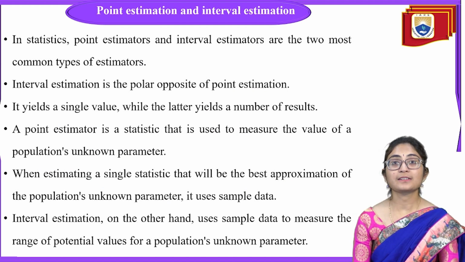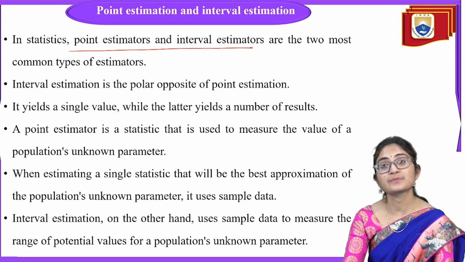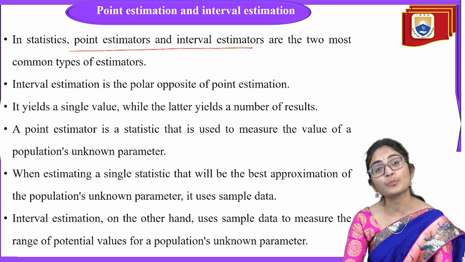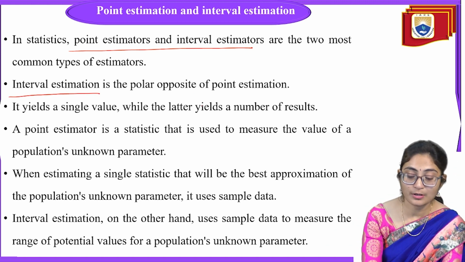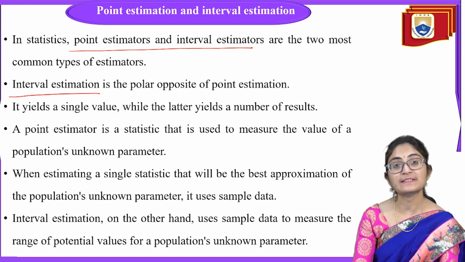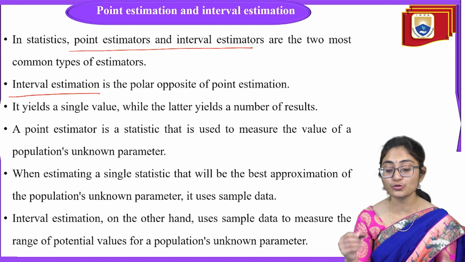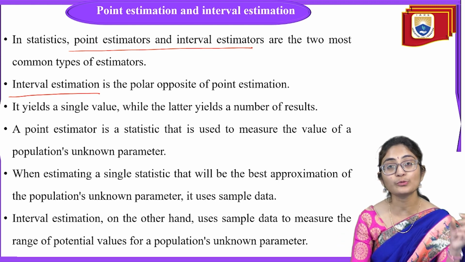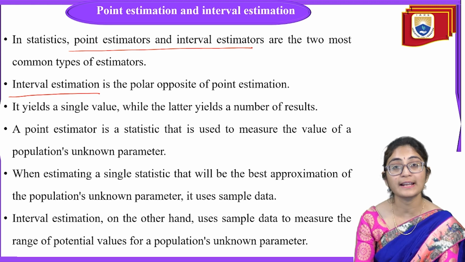In statistics, point estimators and interval estimators are the two most common types of estimator. Interval estimation is the polar opposite of point estimation, as we have already seen. Point estimation means you are concluding only one point, but interval estimation means you are finding the range.